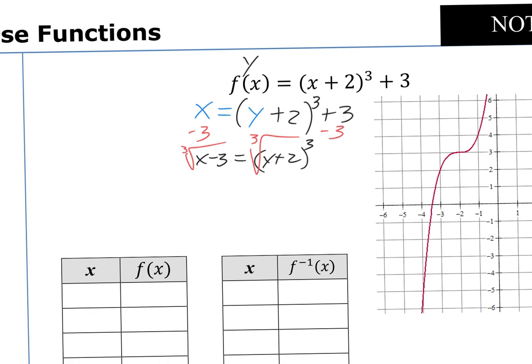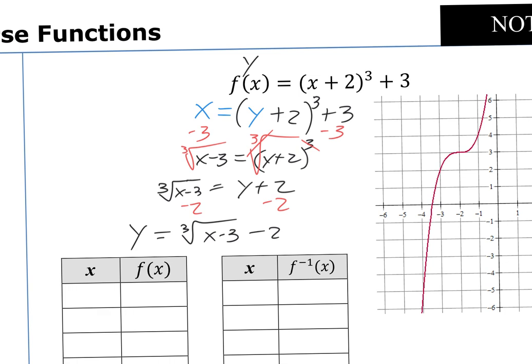That cancels this and this out. So now I have the cube root of x minus 3 equals y plus 2. Last thing I have to do is subtract 2 from both sides. And so now, putting the y on the left side, I have y equals the cube root of x minus 3, minus 2.